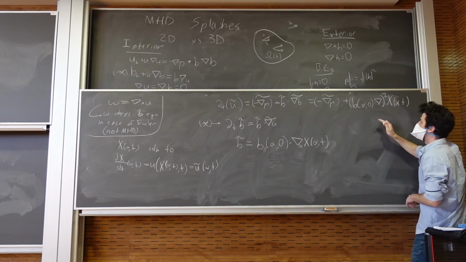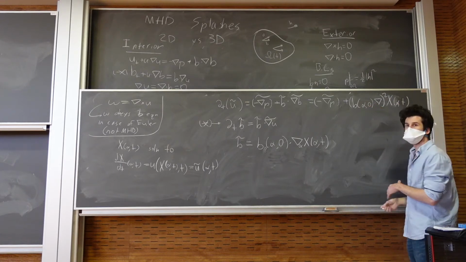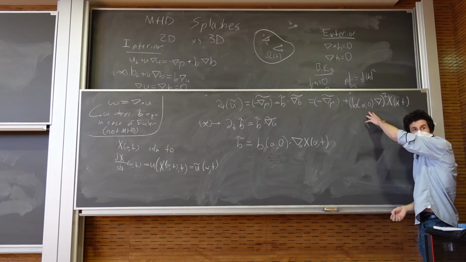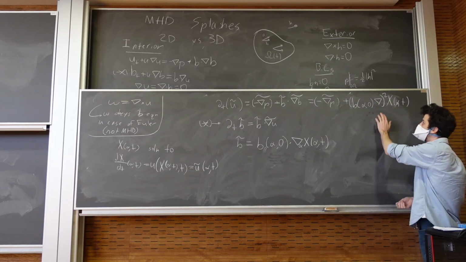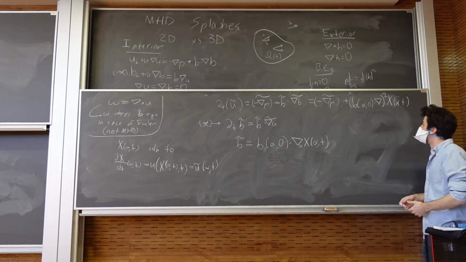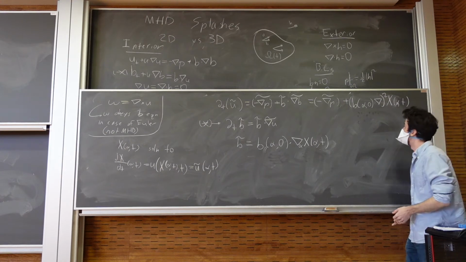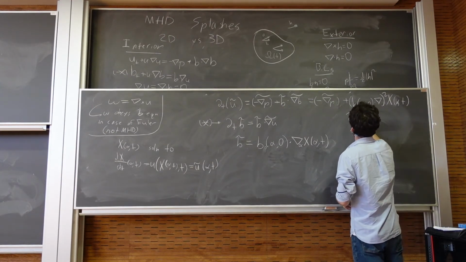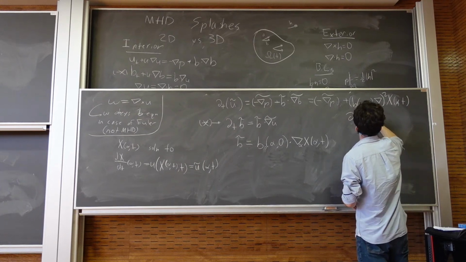So I've already got something that looks sort of wavy, right? I'm taking two derivatives in the direction of b. I mean, of course, sometimes the derivative is going to hit b, but this is the second derivative of x in the direction of b0. So maybe I could write it as d partial b0 squared x.